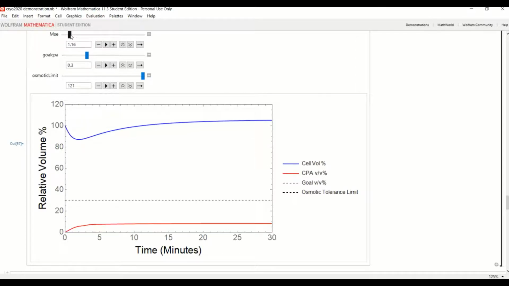And we'll have an example here. So we're going to load it up a little bit. So the CPA flows in, the water flows out, the cell shrinks, and then it starts to equilibrate. So the CPA is going inside the cell, and with the CPA going inside, then the water can come back in as well. And so we actually have a shrink-swell cycle.